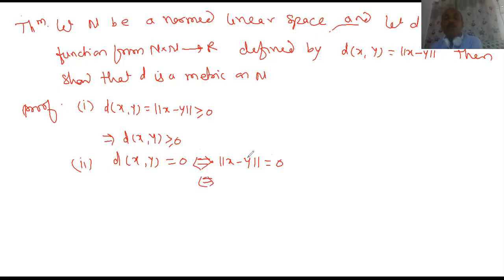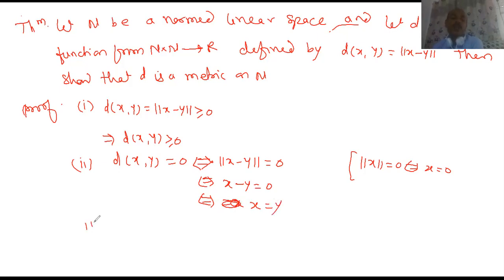But as we know, the second condition of the norm is norm is equal to 0 if and only if the vector is 0. Here we can write x minus y equals 0. If x minus y equals 0, that means x is equal to y. This is the second condition of a metric.